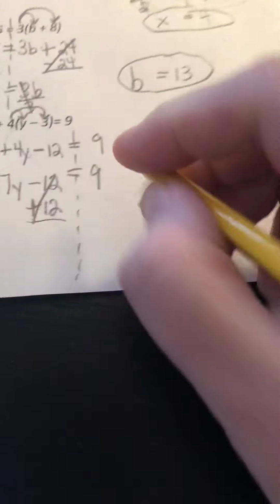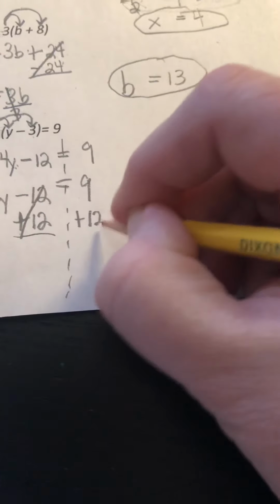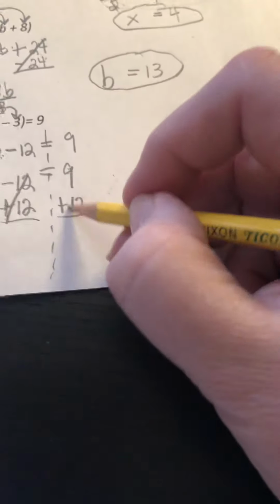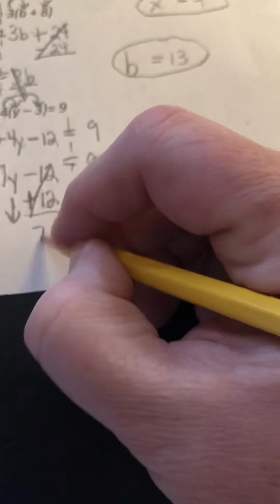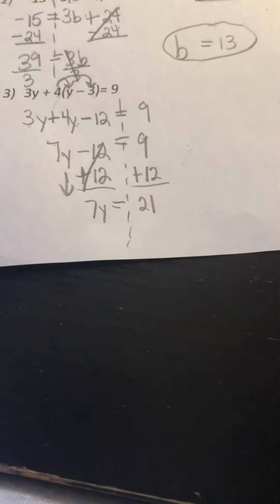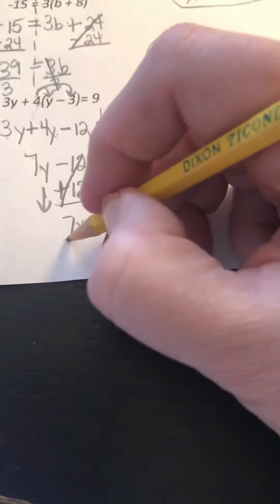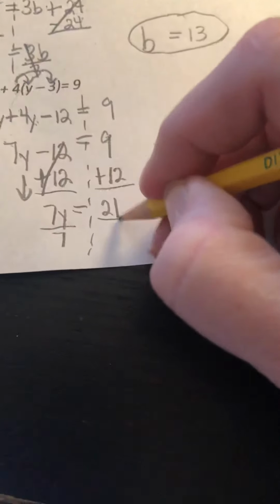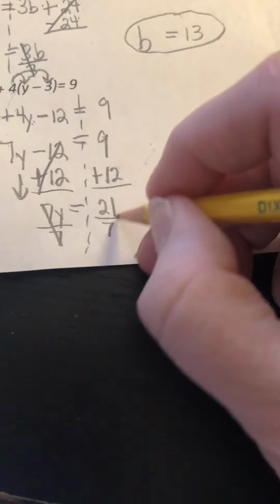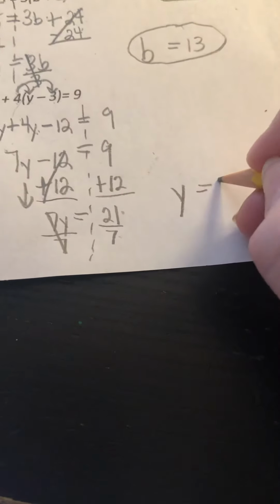If I add 12 here, I add 12 here. 9 plus 12 is 21. And I'm going to bring my 7y down. 7y equals 21. I now divide by 7, divide by 7. I'm left with 1y equals 21 divided by 7 is 3.